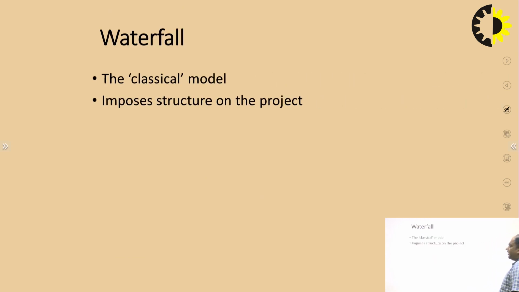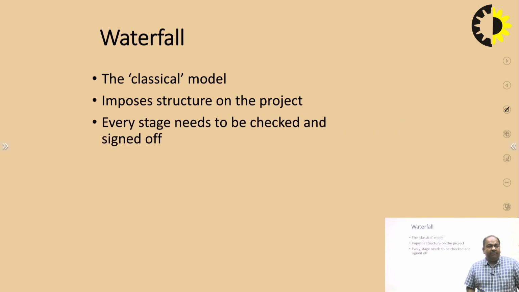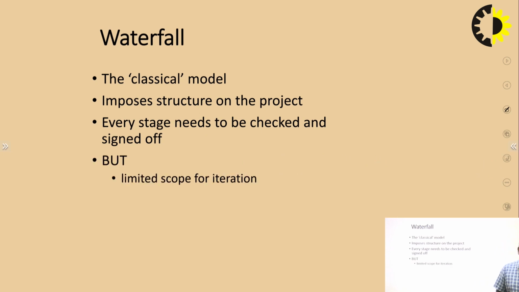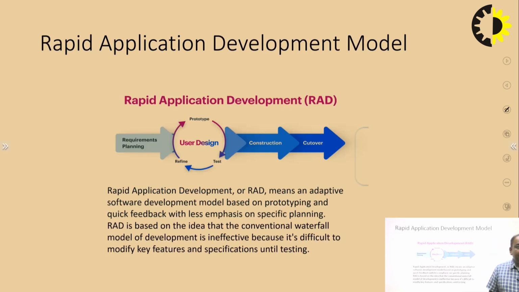The waterfall model is a classical model which imposes structure on the project, and every stage needs to be checked and signed off. But it has a limited scope of operation. Because of this limited scope, we can select another model, which is the rapid application development model. This model is based on prototyping.